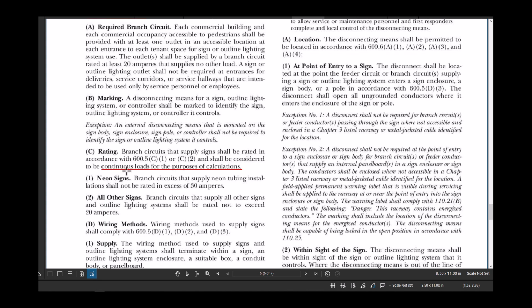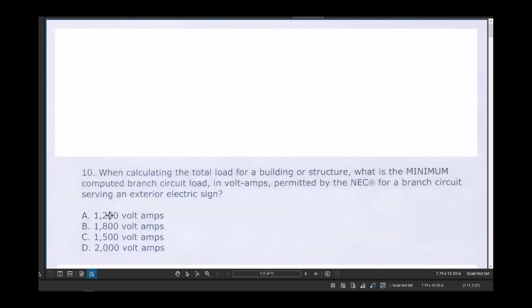And based on what we see here, continuous load for purposes of calculation, we know whenever it talks about continuous load, we should multiply by 125% or 1.25. We have 1200 multiplied by 125, we get probably 1500.